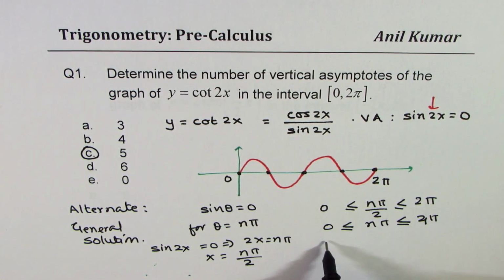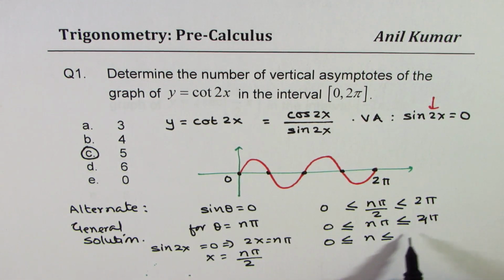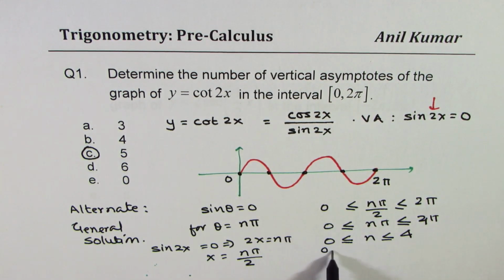Now divide by pi, and we get 0 less than or equal to n less than or equal to 4. So the values between 0 and 4 are 5 values: 0, 1, 2, 3, and 4, right? So n equals 0, 1, 2, 3, 4.